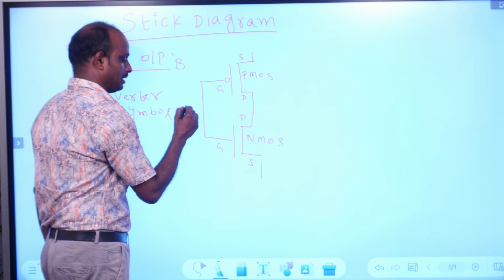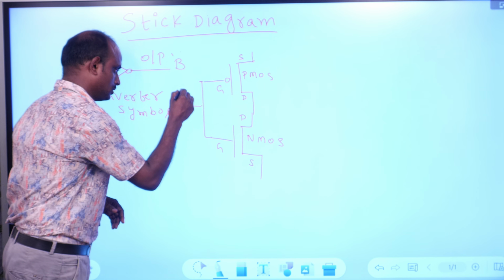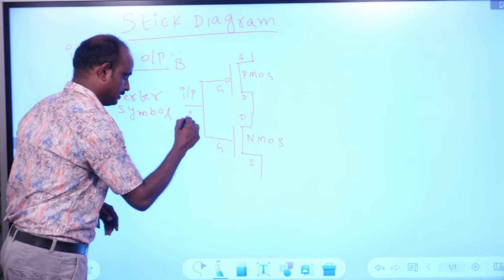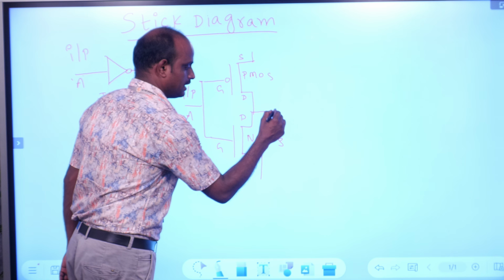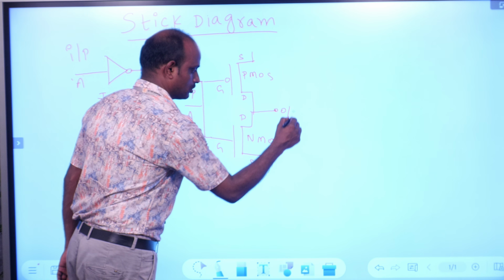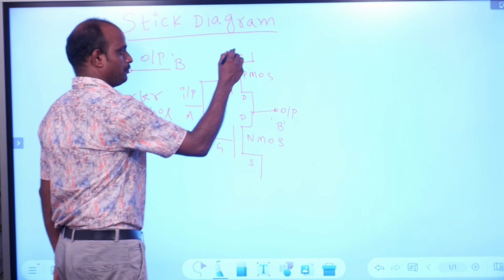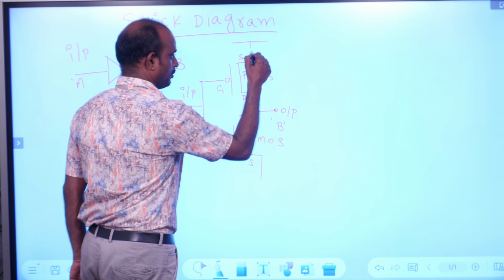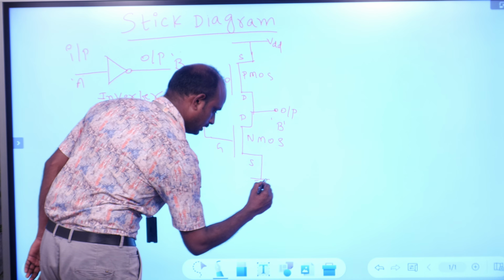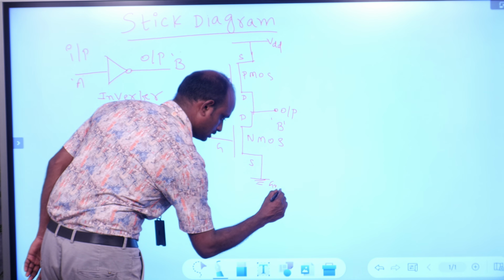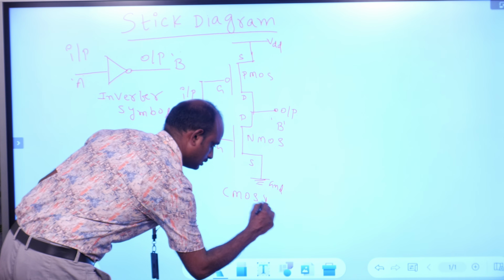Here we are going to apply the input, which I have named A. Input is A. And the output we collect at the drain terminal. Here two drains are connected together, so this is the output, named B. The source of PMOS is connected to VDD, the power supply, and the source of NMOS is connected to ground. So this is the CMOS inverter circuit.